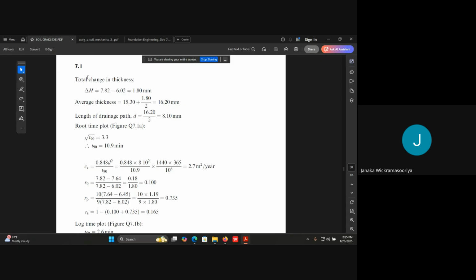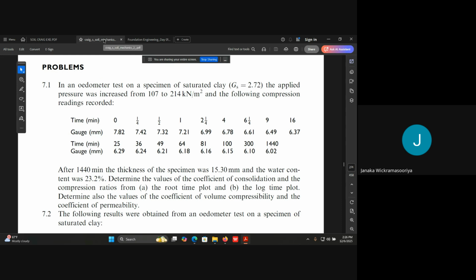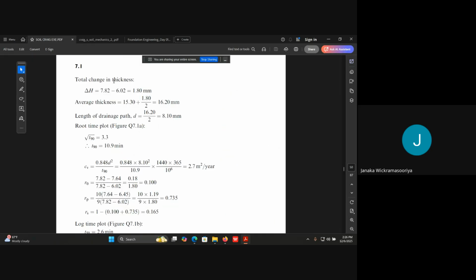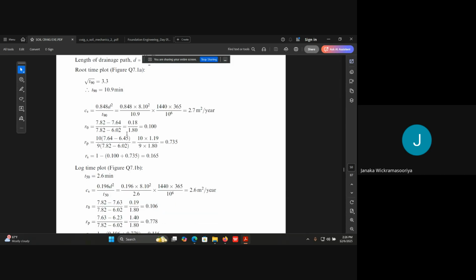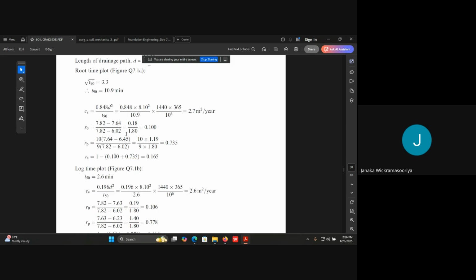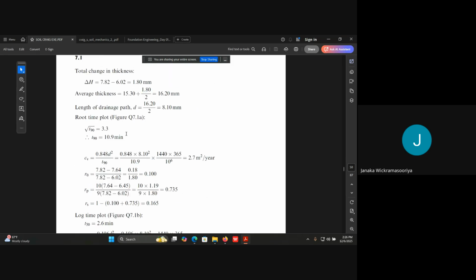First, you can find the total change in thickness. I will explain to you. Yes, the root time plot. Then the delta H, that is 7.82 minus 6.02.